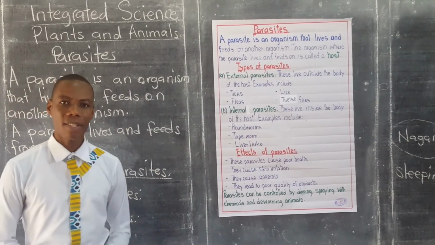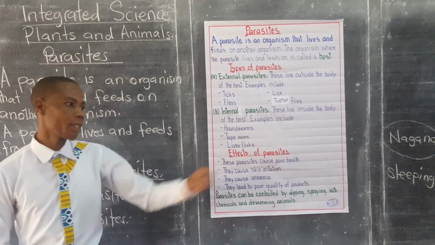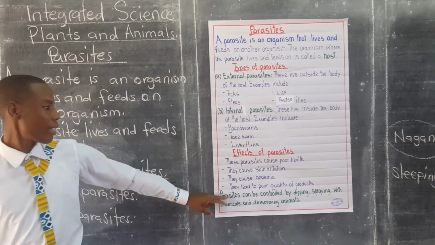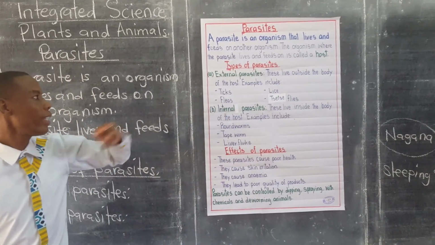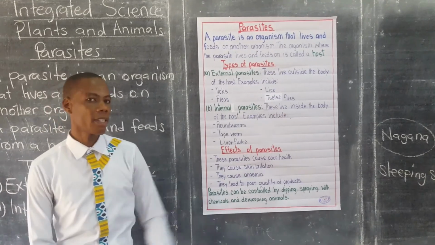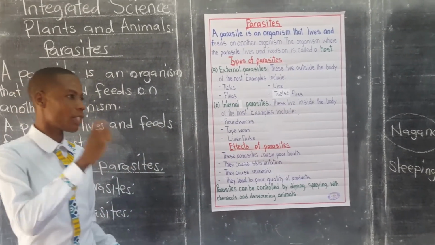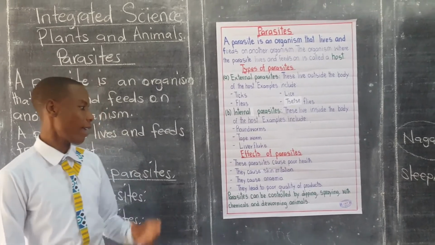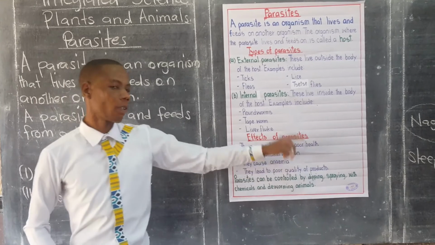How? Take for instance in animals. We usually depend on animals for animal skin. Now, if this animal skin has been attacked by the ticks, by the fleas, by the lice, by the flies, it is going to have what? It is going to have sores, it is going to have spots. Hence, the skin that we are going to get from that animal will not be of good quality.